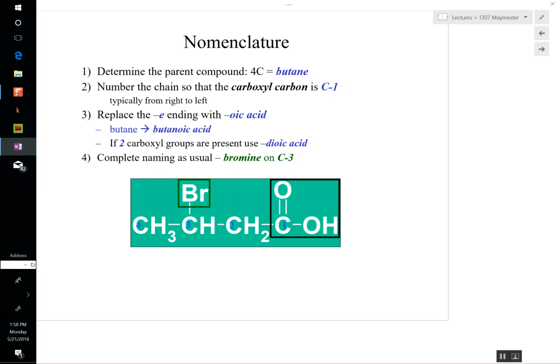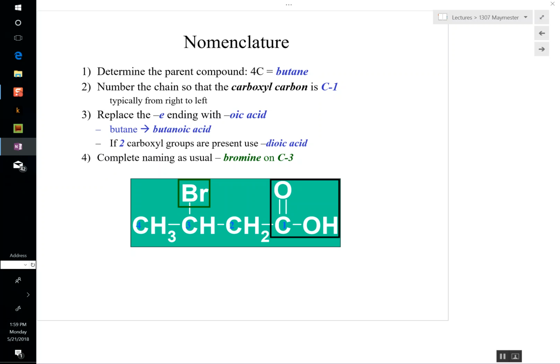Nomenclature. Okay, we're going to find the longest chain that has the carboxyl group in it. 4 carbons long, butane. I'm going to drop the E and add oic acid. Butanoic acid.